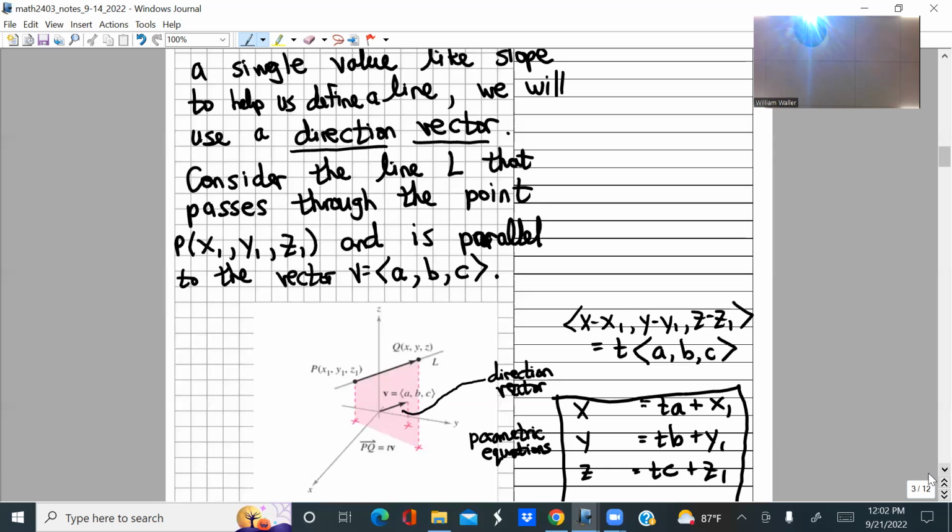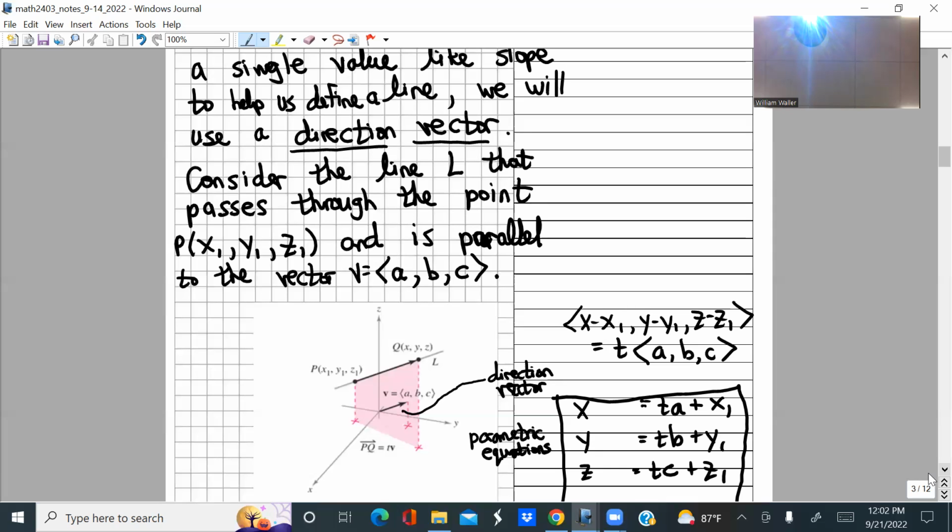If you knew 2 points on the line, you could find a vector parallel to that line just by finding the vector between the 2 points. That vector between 2 points on the line has got to be parallel to the line, because that vector runs right along that line.